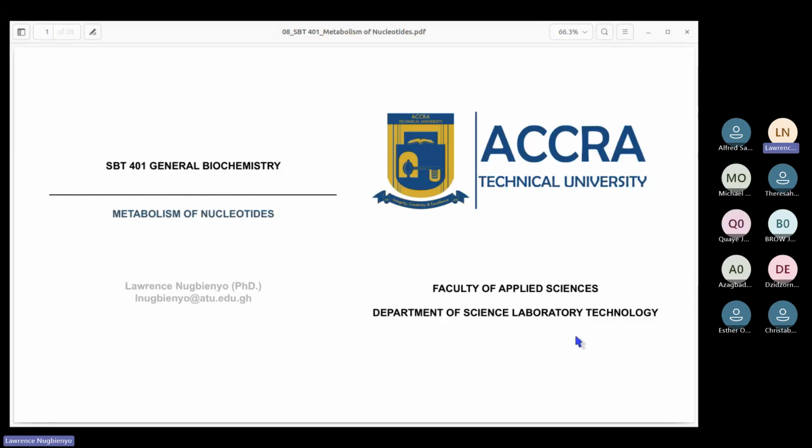Biosynthesis of these nucleotides. And then we also look at the degradation, or the breakdown, of these nucleotides. And then we will look at a few disorders that are related to the metabolic disorders of these nucleotides.